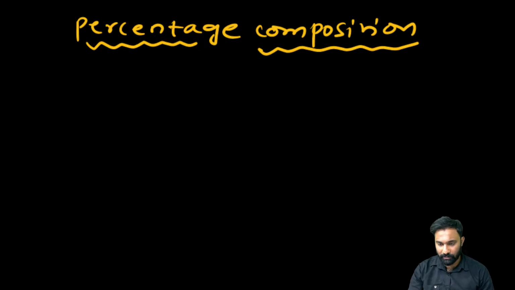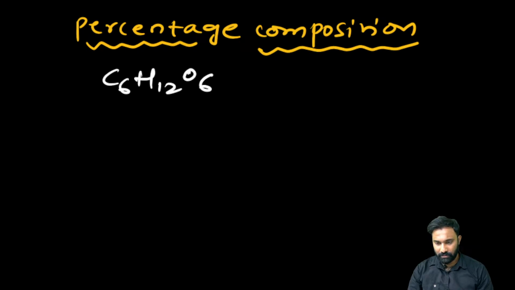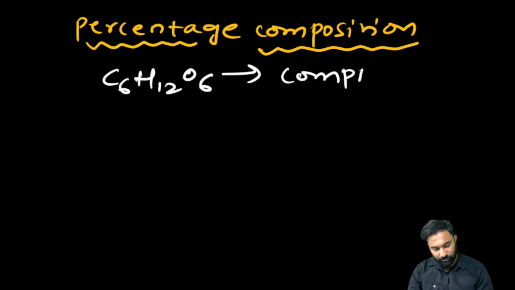For an unknown or new compound, it is necessary to know the formula and to know the ratio of its constituents in the given compound. Let's suppose they have given C6H12O6. This is one compound.